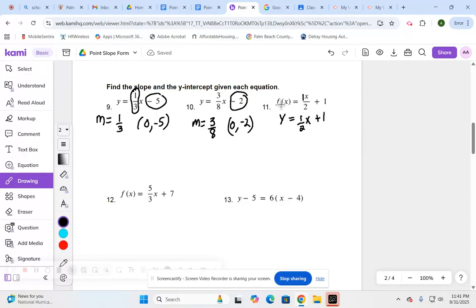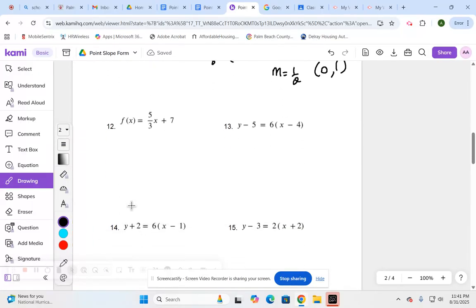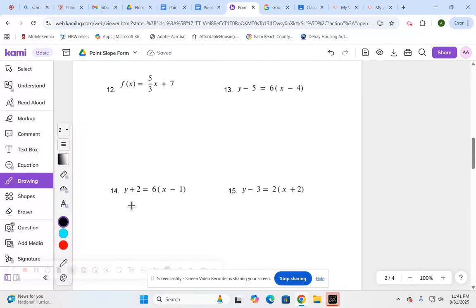So basically we changed the notation a little bit here and we wrote out the 1/2 here. So now the slope is 1/2 and the y-intercept, this is the y-intercept. If this is where the line crosses the y-axis, then the x value will be 0. Okay, so we can rewrite that. F of x means the same thing as y.